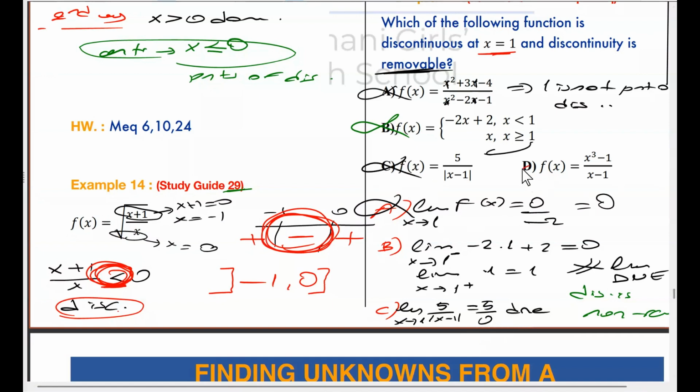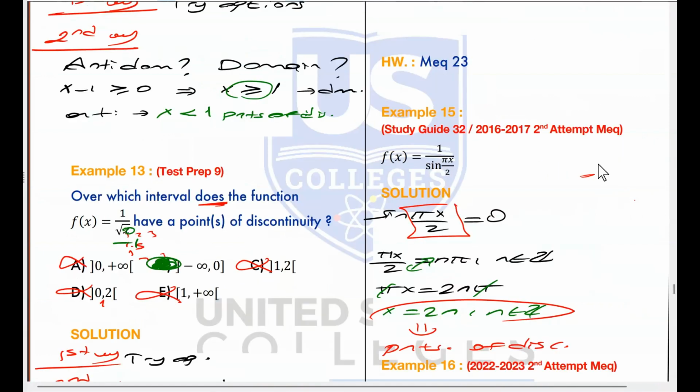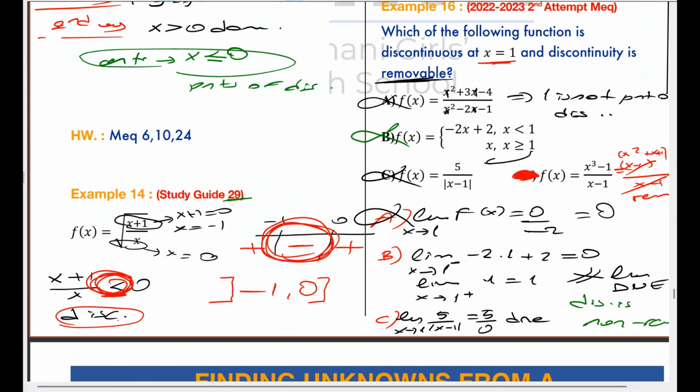So apparently your answer is D, because x cubed minus 1, you can expand this as x minus 1 times x squared plus x plus 1, over x minus 1. The x minus 1s will cancel each other. So no more x minus 1 in the denominator. So you removed the discontinuity from the denominator. So your discontinuity is removable in the last option.